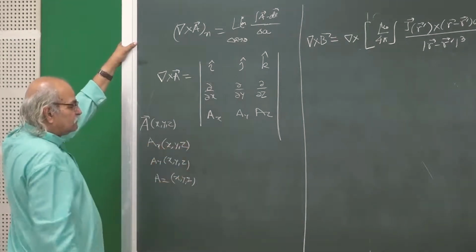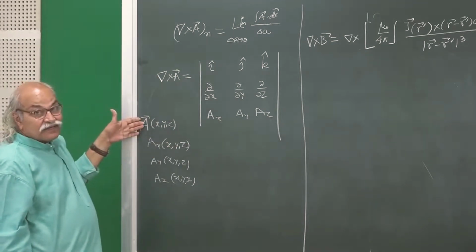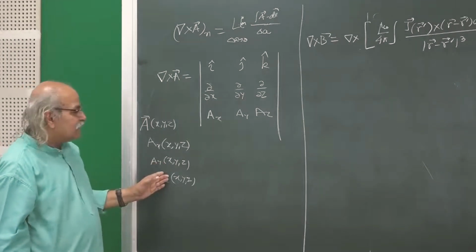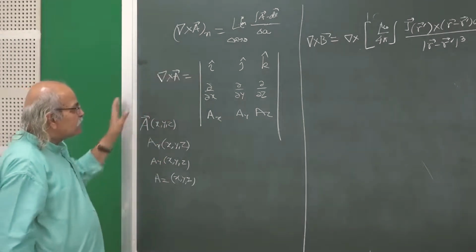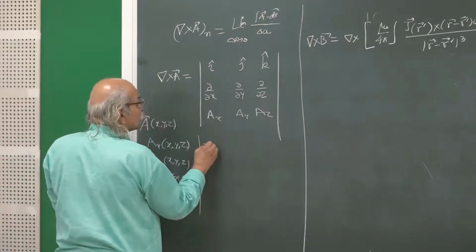Ax will be a function of which point you are looking for this A. Ay will be a function of x, y, z. Az will be a function of x, y, z, and this determinant is equal to i cap.